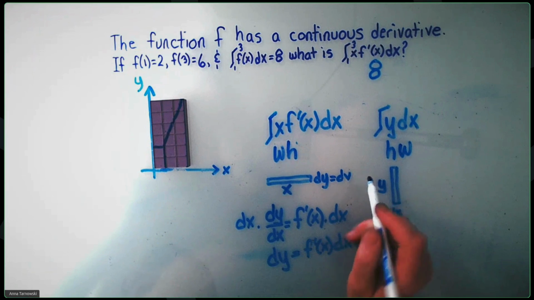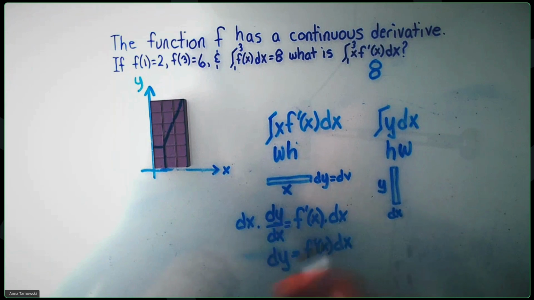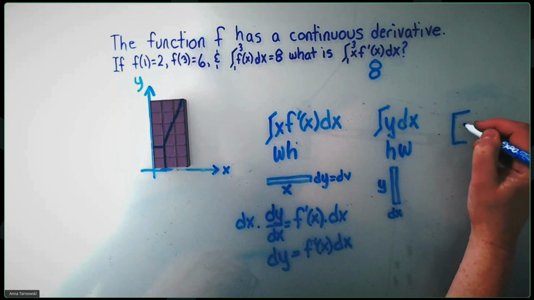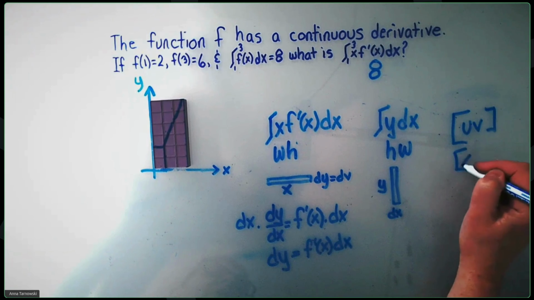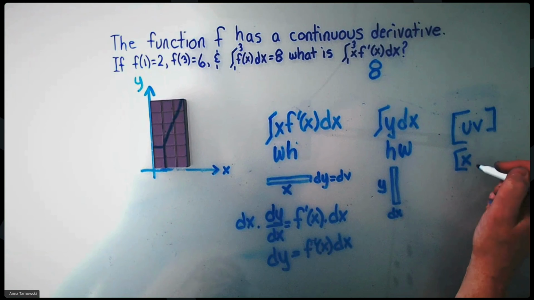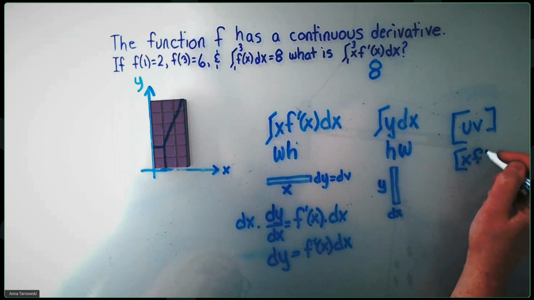Remember, in this we had uv, and we found out that u is equal to x, and v is equal to f of x.